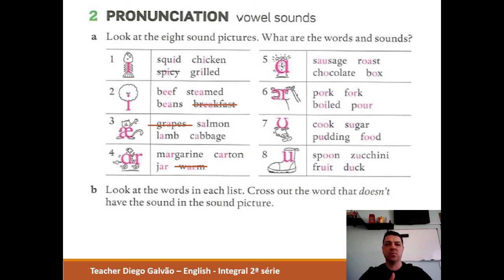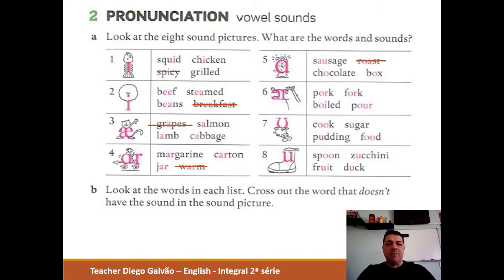All right? No problems. Then we have number 5. Number 5, it's the sound of clock. The words are sausage, roast, chocolate, box. Except roast, which is different.